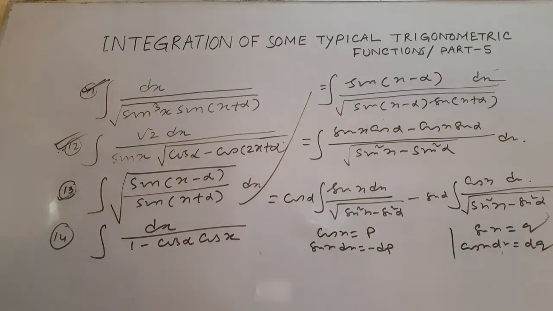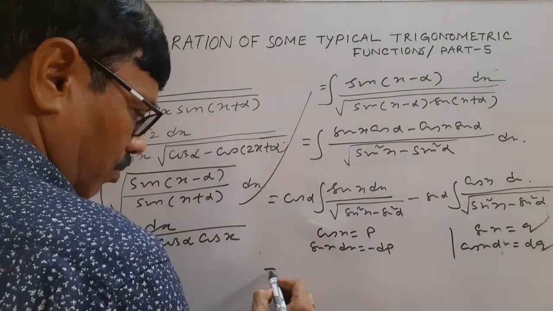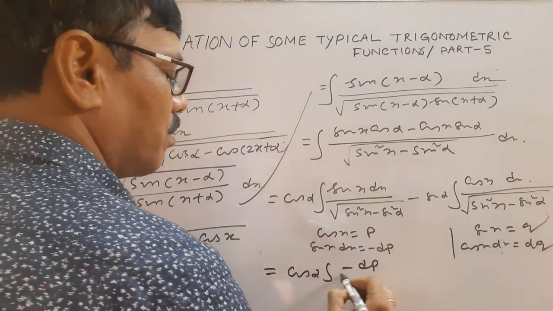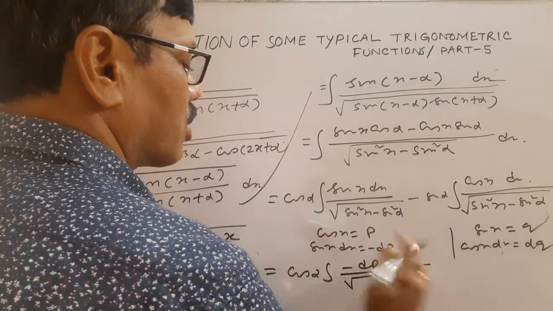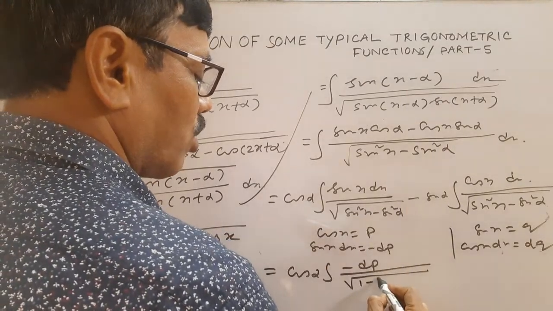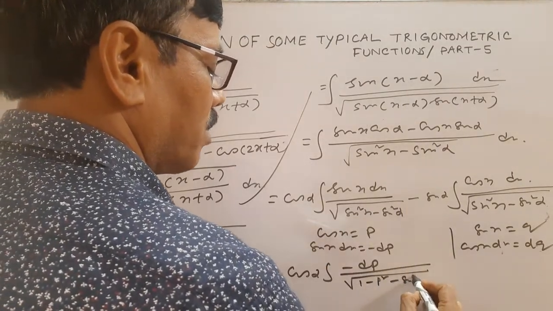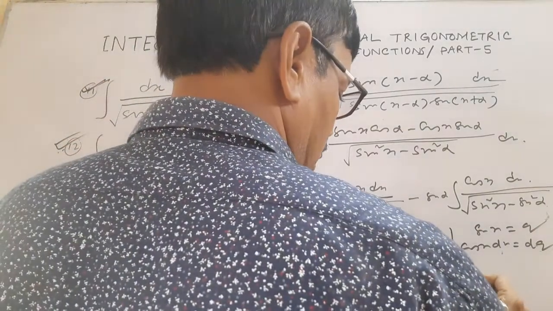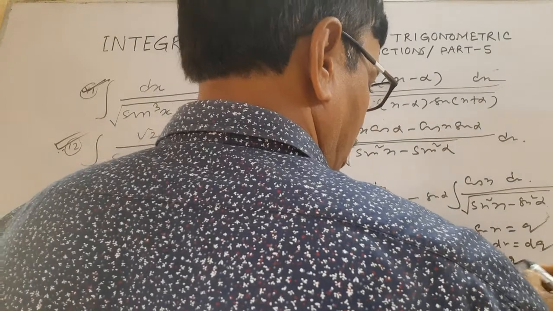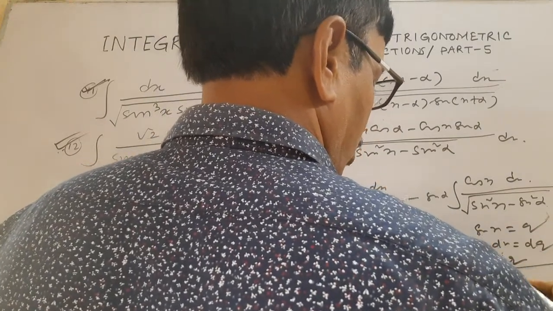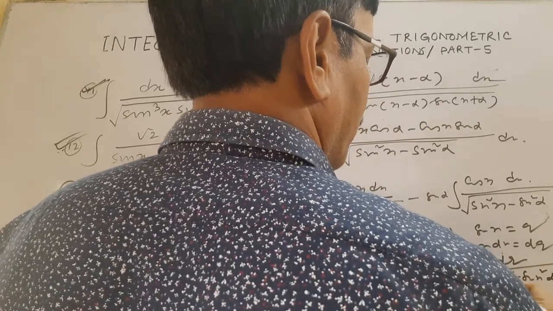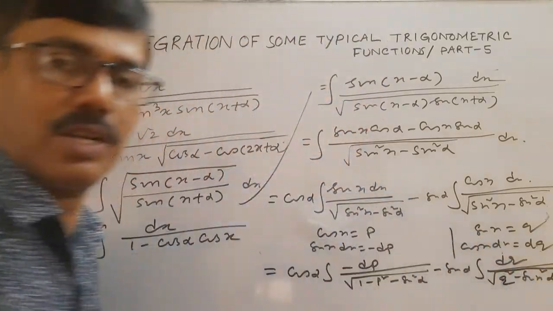Now this problem reduces to cos alpha into minus dp by, what is sin square? 1 minus cos square. So 1 minus p square minus sin square alpha. And this is sin alpha, dq by q square minus sin square alpha.